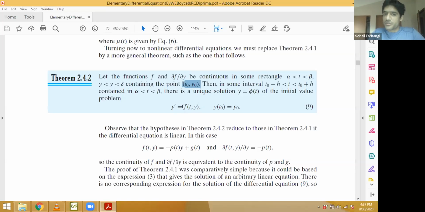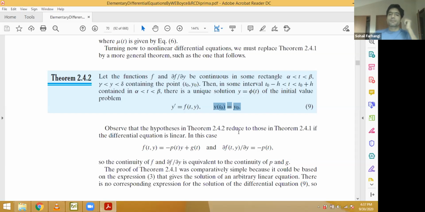And for any such differential equation, we're going to have some interval. It might be a small interval. This interval might be much smaller than the interval here that we started with, but there will be some interval on which we have a unique solution that satisfies the initial value problem.